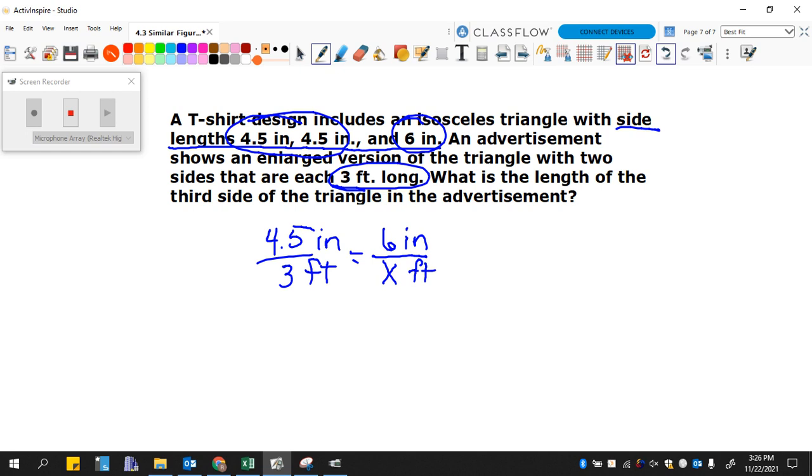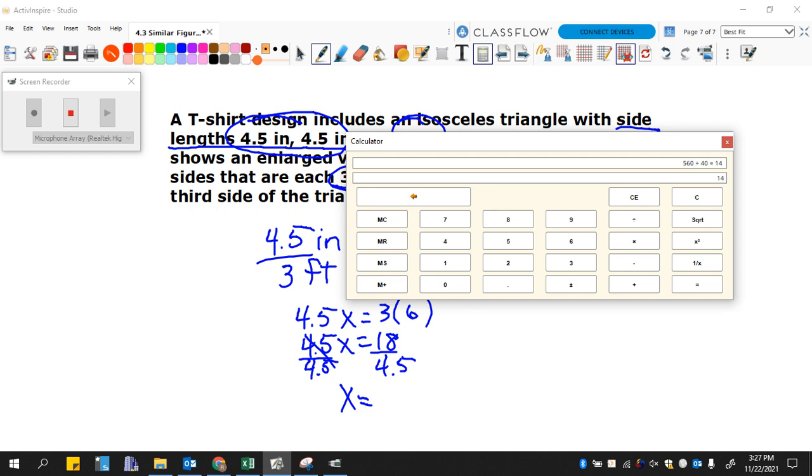We have 4.5 times x is equal to 3 times 6, which is 18. So x is equal to 18 divided by 4.5, which is 4.